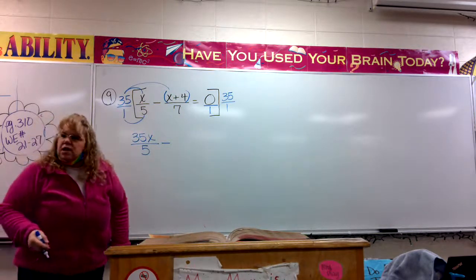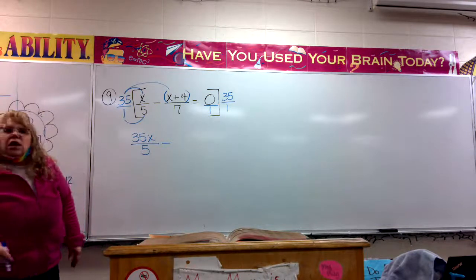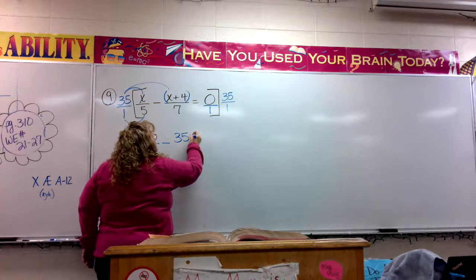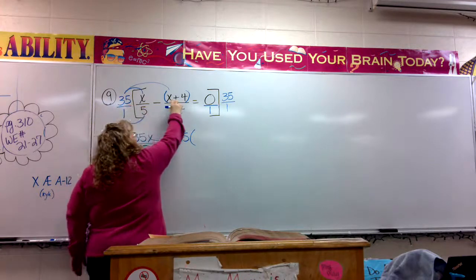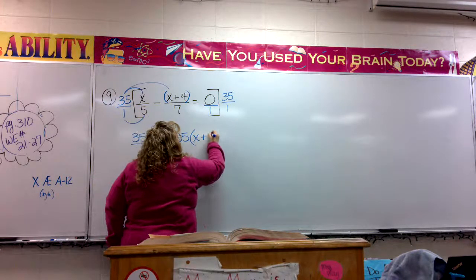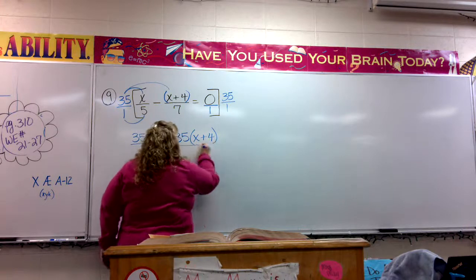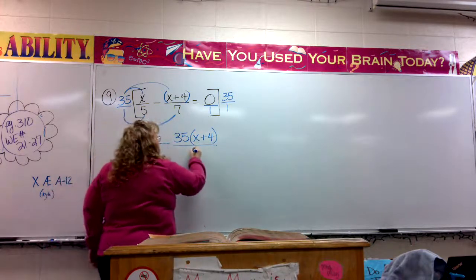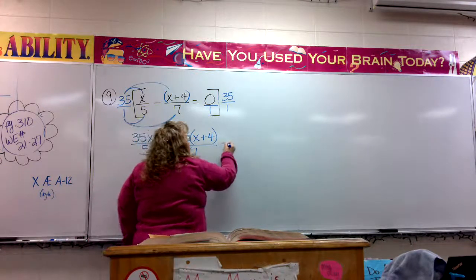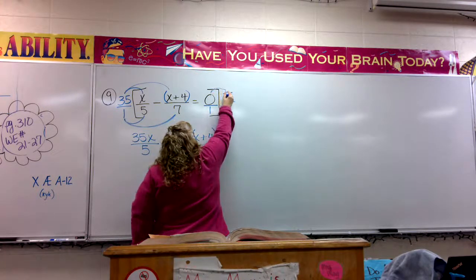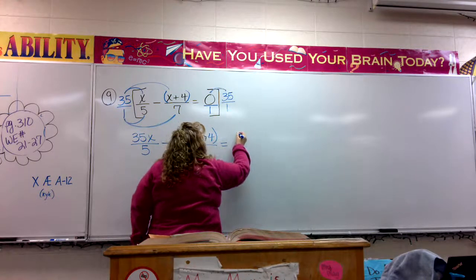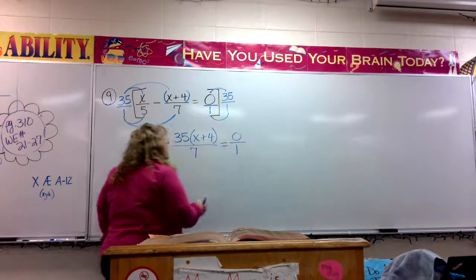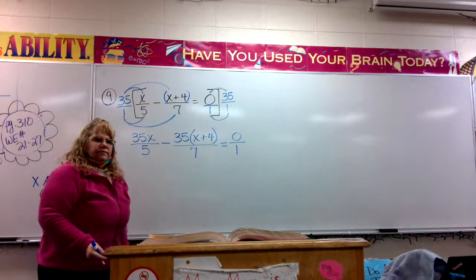But I don't know if you watched on the video, I said don't actually multiply it out yet. Just leave it as 35 times (x plus 4) over 1 times 7 is 7 equals, what is 0 times 35? Still 0. 1 times 1 is 1, right?